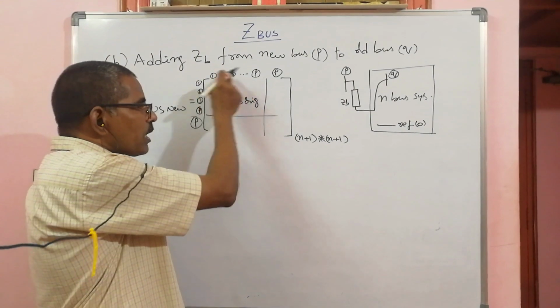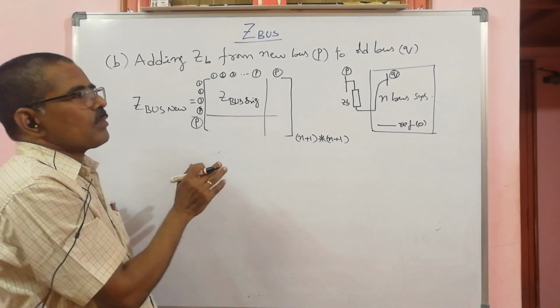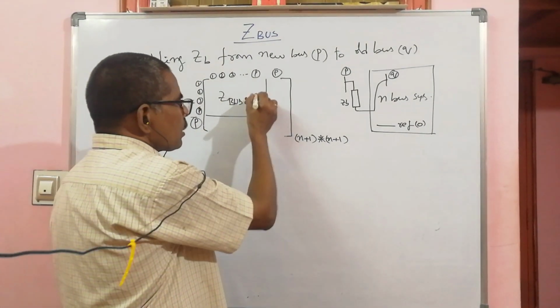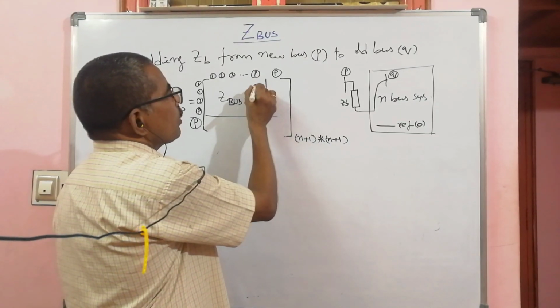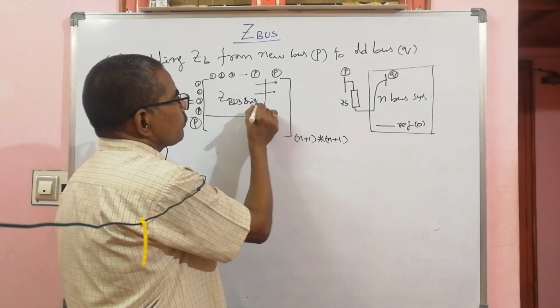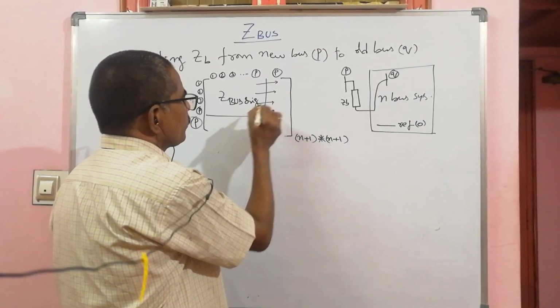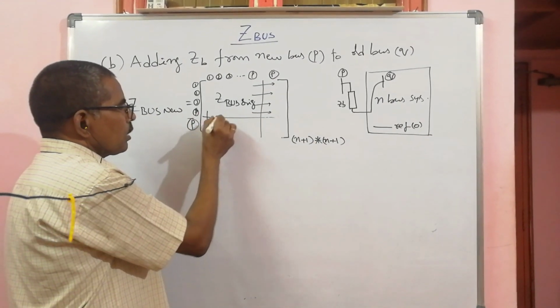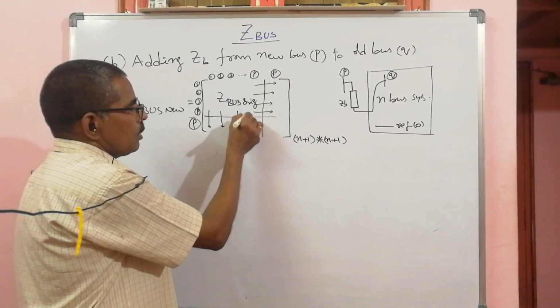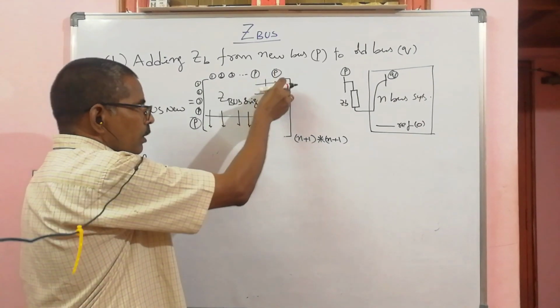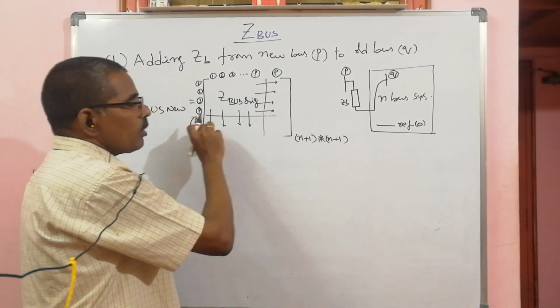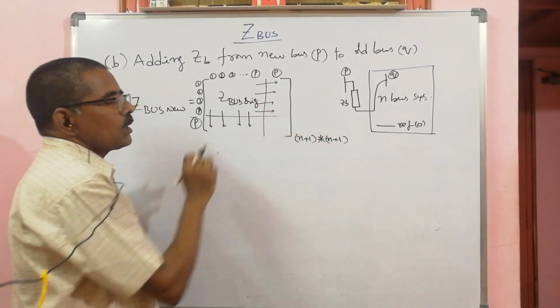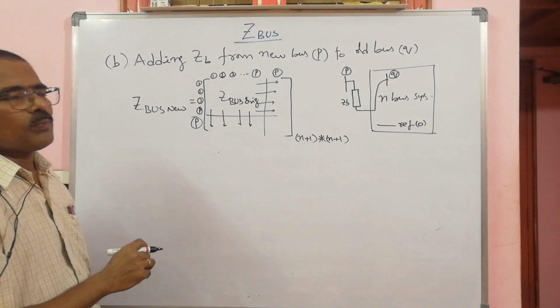Q is the existing bus, so all the qth column elements you transfer here. Similarly, whatever you are writing here, you can transfer onto this row.